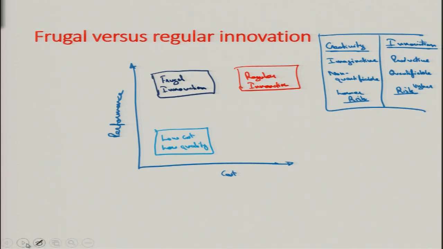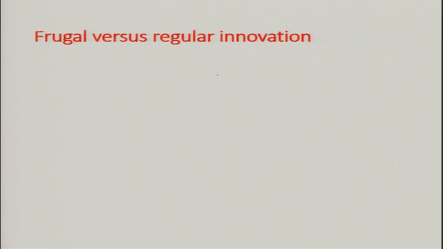So this is a major difference between frugal and regular innovation. In frugal innovation, I can even put a chart here. In frugal innovation and regular innovation, what is the difference?